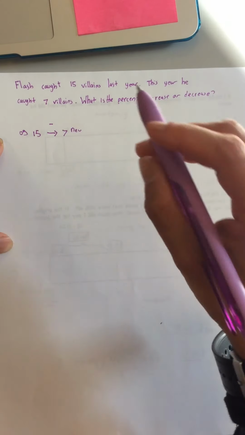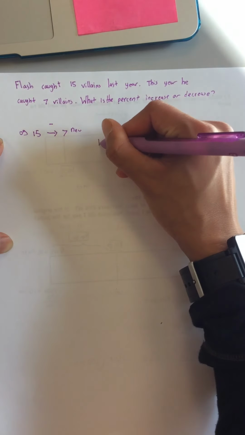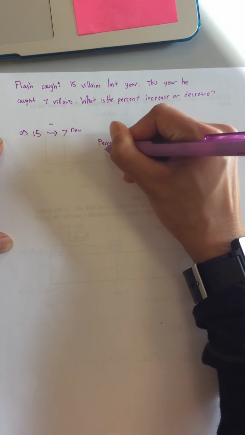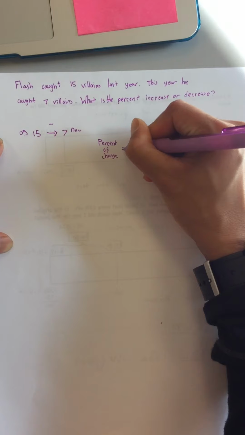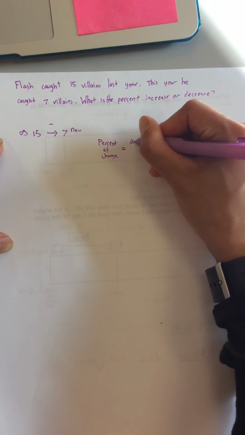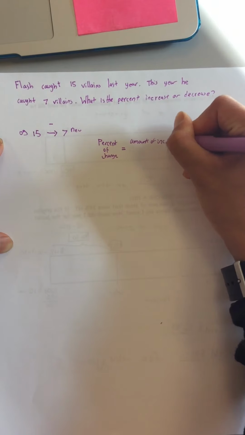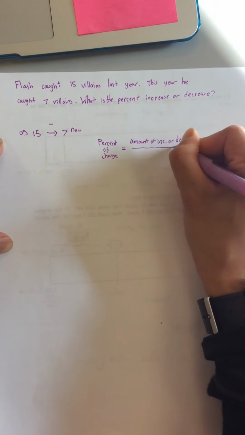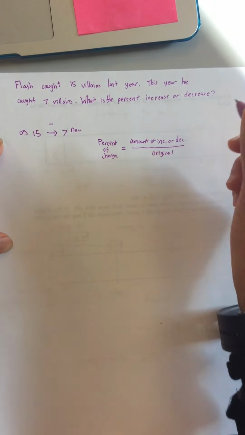So there's a simple equation for this. We write the percent change, and it equals the amount of increase or decrease over the original amount, because you're trying to find what percent of that original amount changed.